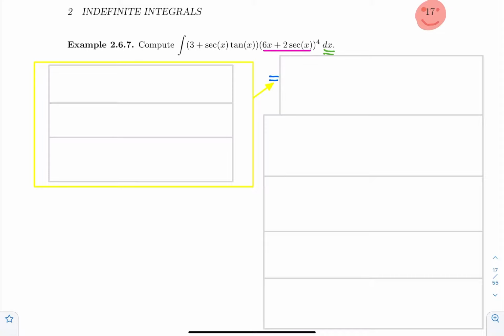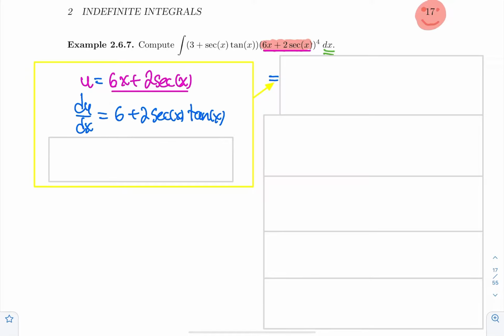I see two terms multiplying each other, but I see something inside of a power 4. Let's use the inside of that power for the substitution. So let's use 6x + 2 sec x as u. Then you compute du over dx: 6 plus 2 times the derivative of secant, which is sec x tan x.